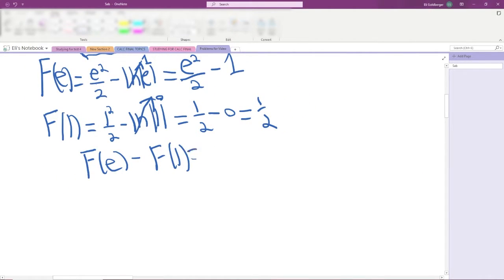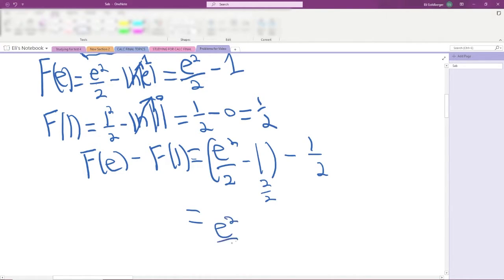They equal e squared over 2 minus 1, I'm sorry, then all minus 1/2. And we can simplify that if we rewrite this 1 as 2 over 2. That'll make it easier because then we'll just do e squared over 2 minus 3/2. And that is our answer.